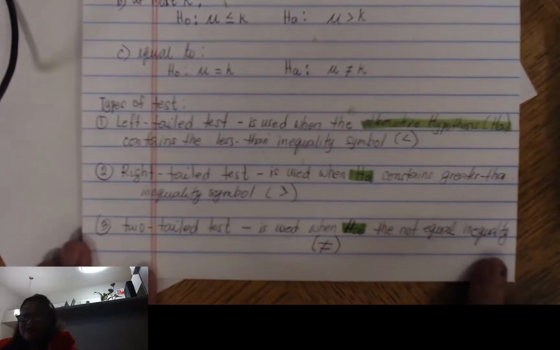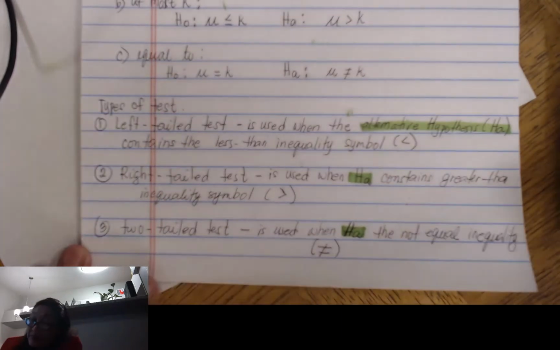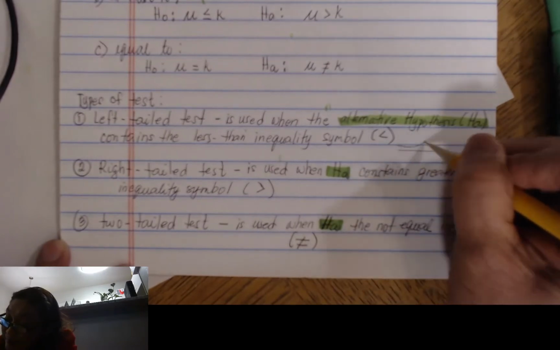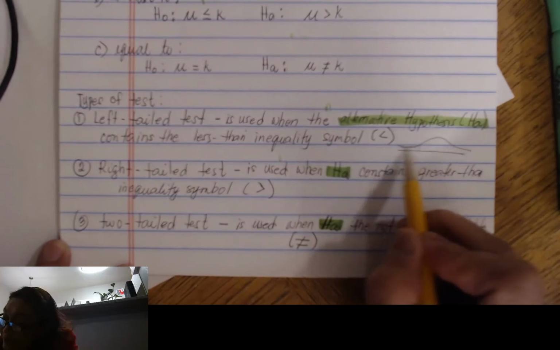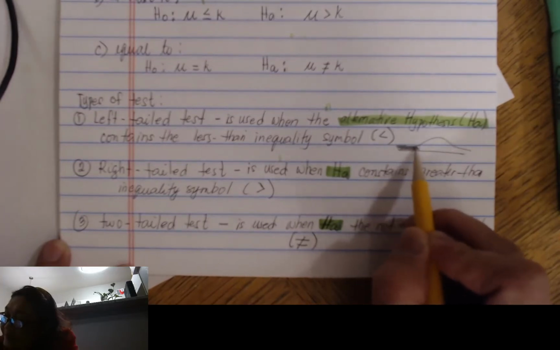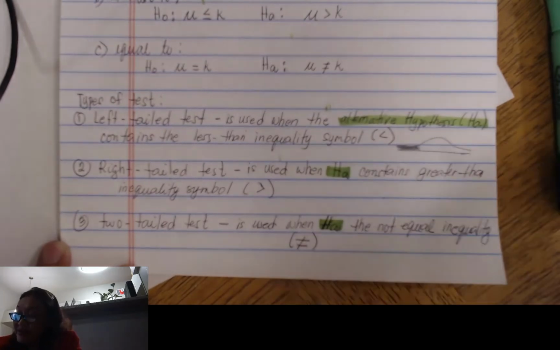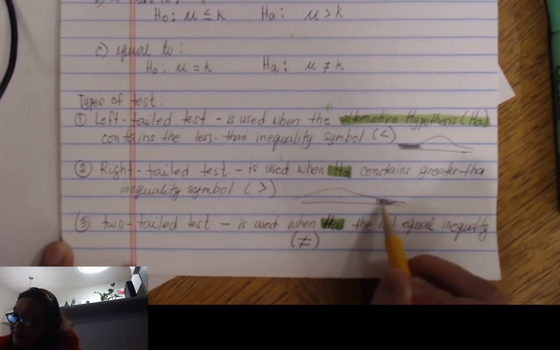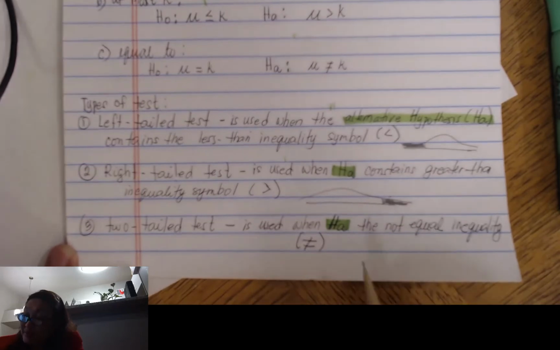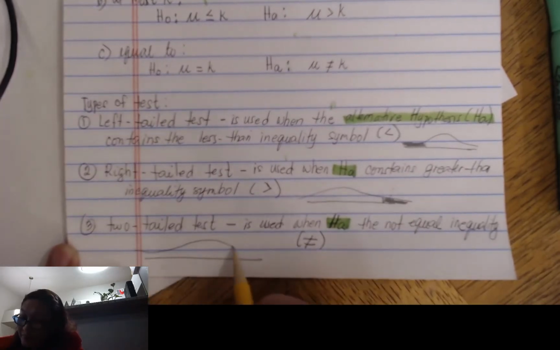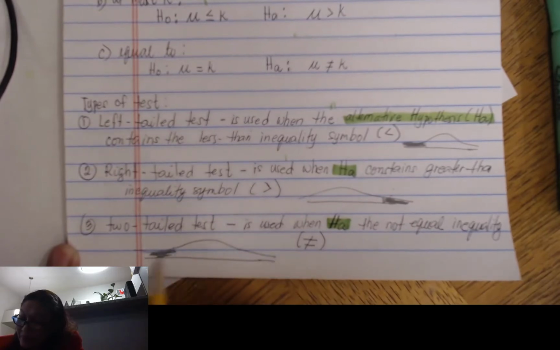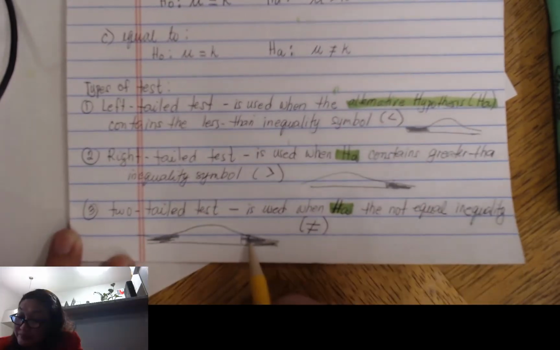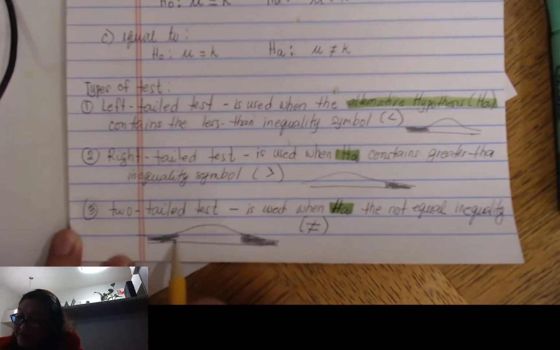So again, these are the three types of test. If you draw your bell curve, for this one the left is shaded, for this one the right is shaded, and for this one both the left and the right tails are shaded.